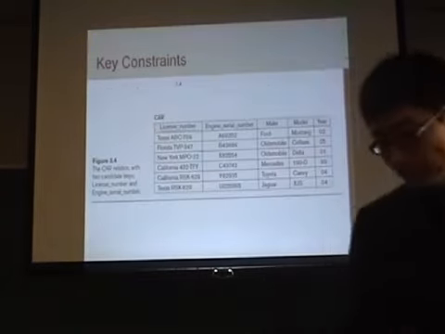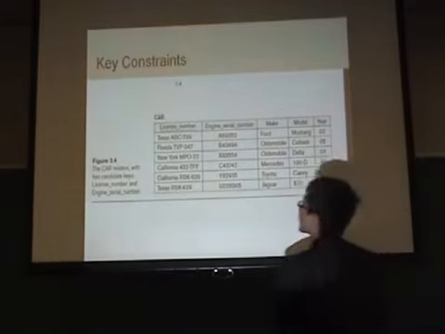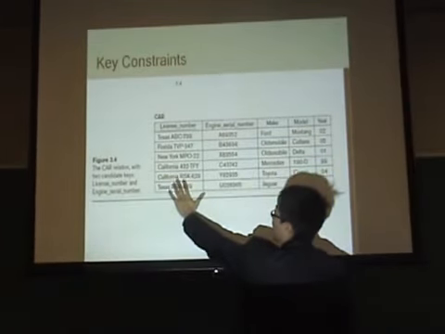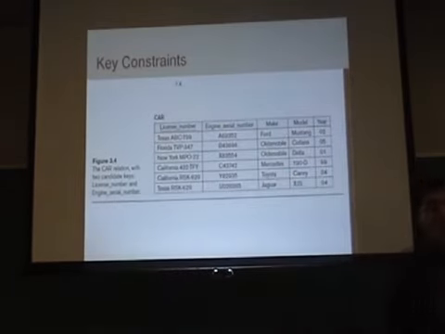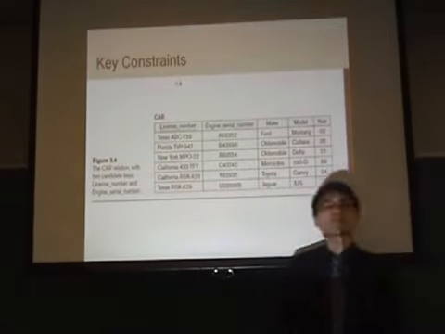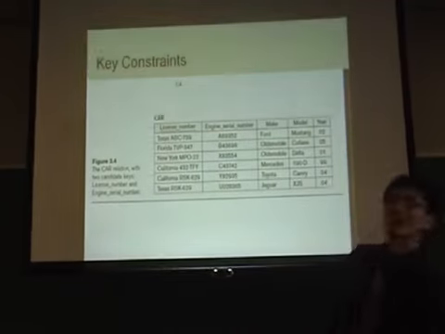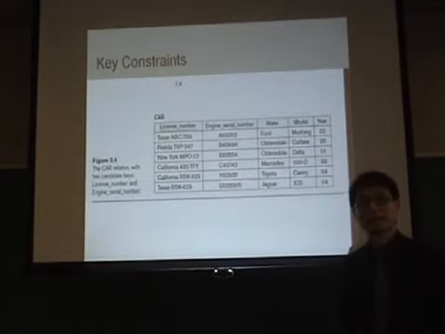So this is the example. In this case, license number, state plus registration name, is selected. Why? Can you guess why the author selected this as the primary key rather than the engine serial number? Both of them are unique.